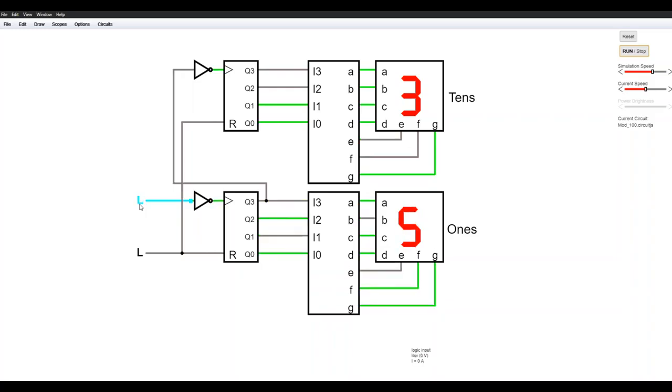Just to demonstrate that one, I'll be clicking that one until 99. And then 98, 99, and then high to low, it goes back to 0, 0. And at any point you can also reset that one. So that's it for Modulo 100.